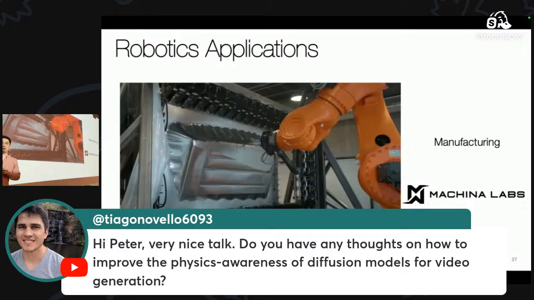Another approach is that the video model is the foundation model, the base model, but you can always fine-tune it for your particular application.